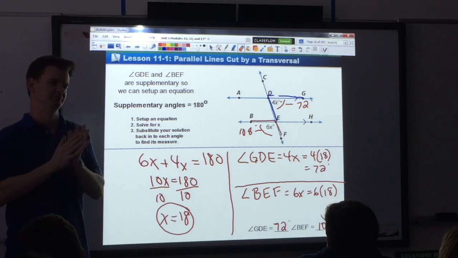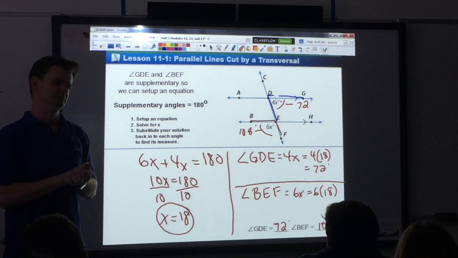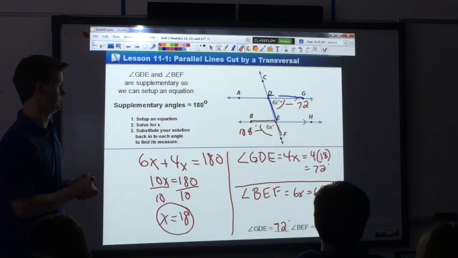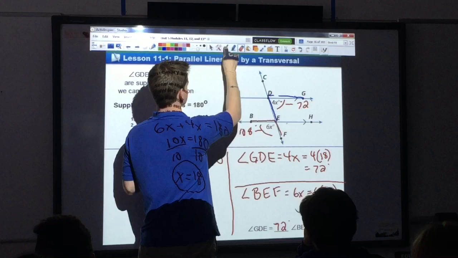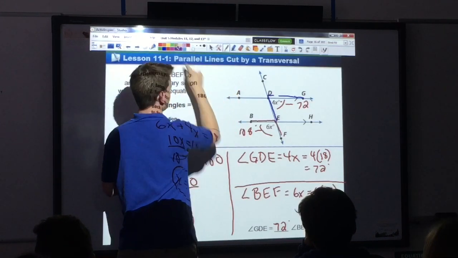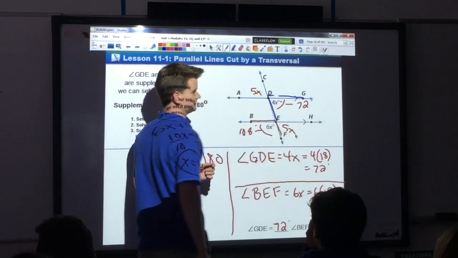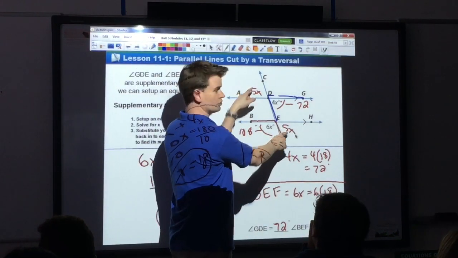When you don't have a supplementary angle, will you put the variables equal to 360? There's always a way to find it. You simply have to identify the relationship. So if I were to say that this was 5x and this was 5x, the thing is, these are congruent.